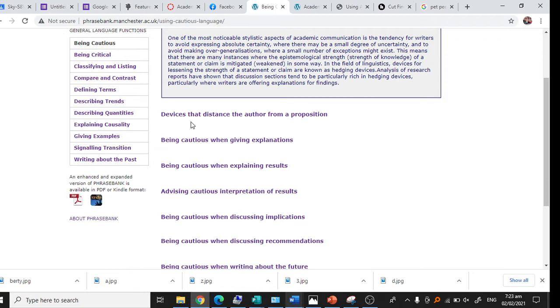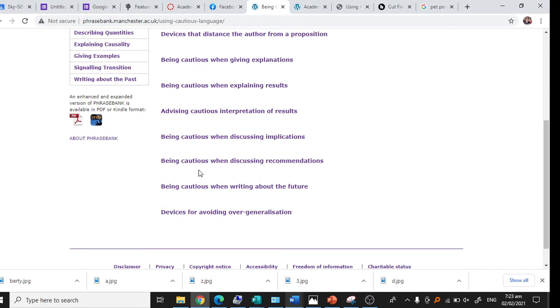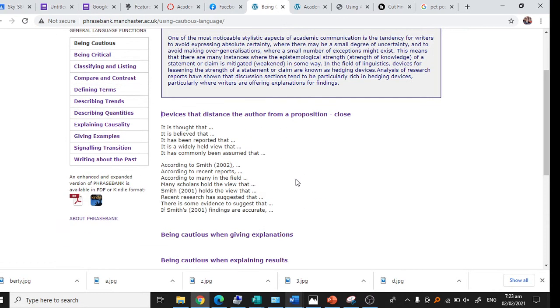For example, you would like to show devices that distance the author from a proposition, or being cautious when giving explanations, being cautious when explaining results, advising cautious interpretation of results, being cautious when discussing implications, being cautious when discussing recommendations, being cautious when writing about the future, and devices for overgeneralization. If you click on that, you would be having examples of sentence beginners.